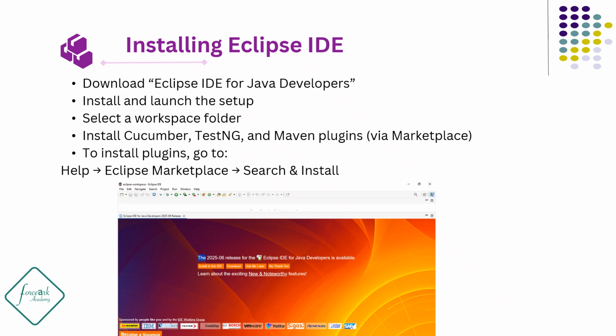After setup, you can install useful plugins from Eclipse Marketplace. Here in this snapshot, it shows that after installing Eclipse and giving the workspace details, this is how your Eclipse looks.